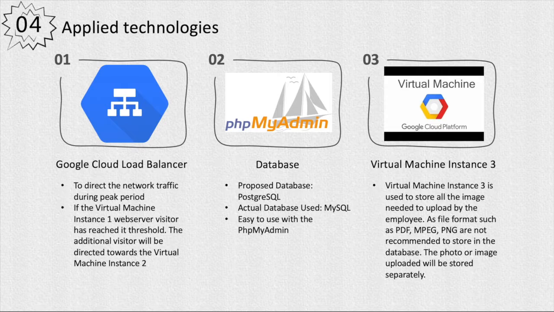It is difficult to both retrieve and store this kind of format in the database. Therefore, the images are uploaded separately into the third virtual machine instance, where there are folders for each employee to upload to, so it is easier to retrieve and upload.